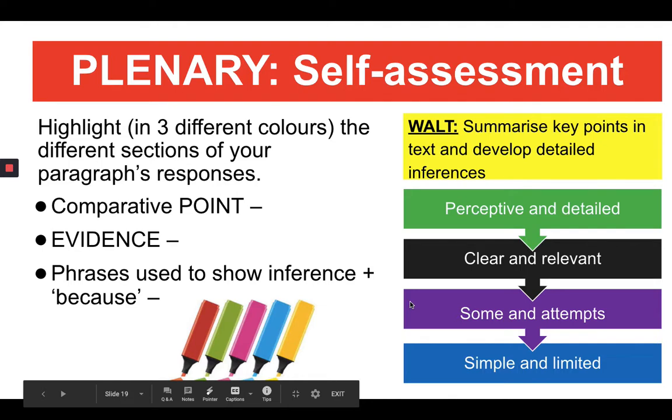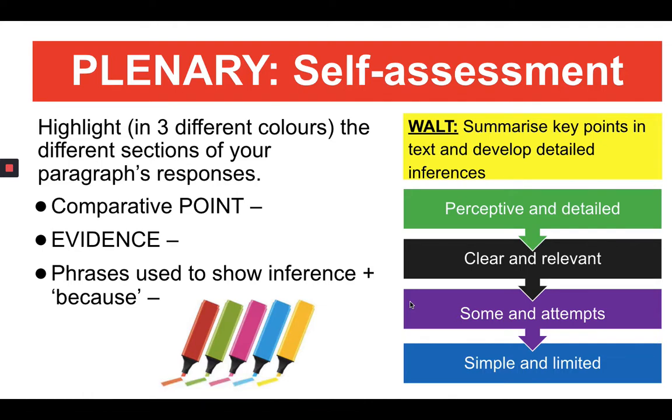And then think, have I made something that looks like a level 2? Have I made some attempt to compare? Have I made some attempt to make inferences? Or maybe it's a bit better. You can see there's a fair amount of highlighted inferences there. Is it clear? Have you used the word because when explaining those inferences?